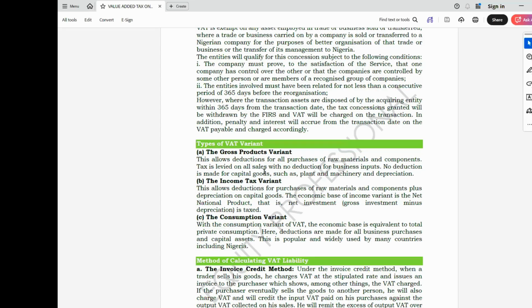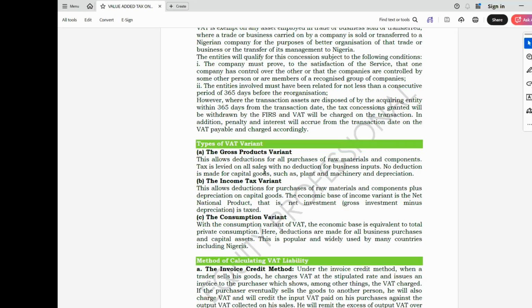So the VAT you suffered on all your purchases will be removed from your output VAT, that is, from the sales VAT. But when you are removing that, no deduction is made for capital goods such as plant, machinery, and depreciation.